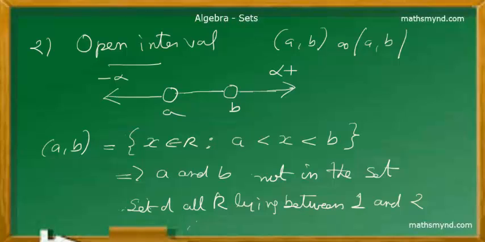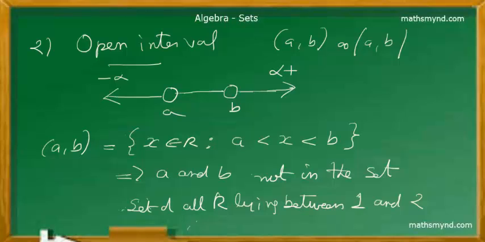So how do you represent it? One more important point is how this particular subset is represented inside brackets. You can see that the brackets are curvy, and you can also draw it like a slash-like thing, so that's how you represent it. How do you put it in the set builder form? It's x is an element of R, and here instead of less than or equal to, it is just less than.